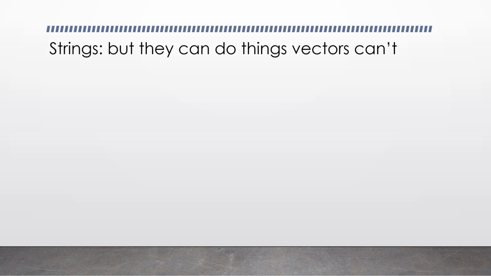However, strings can do some things vectors can't. The first thing they can do, which we've already seen, is that you can use cin directly to populate a string. My string firstName can come right in from cin, and similarly you can use cout with one or more strings.